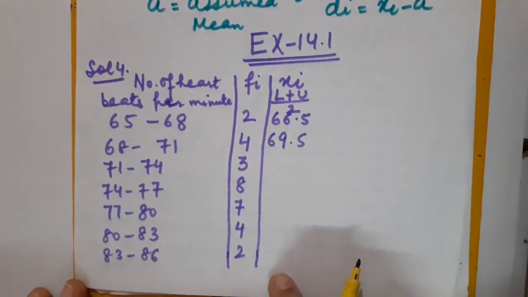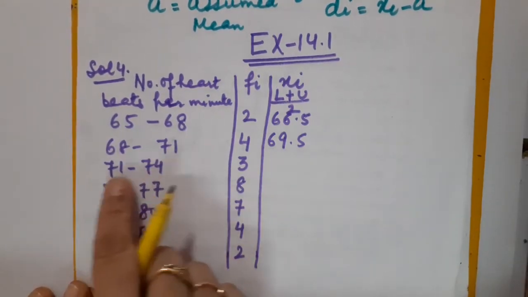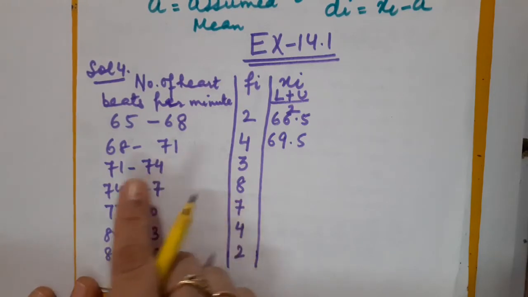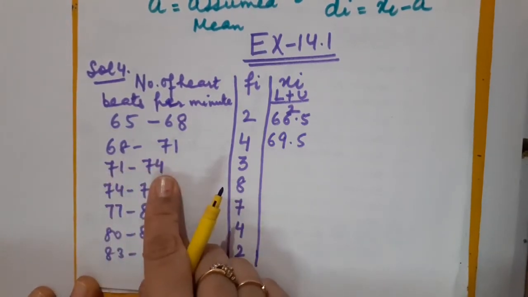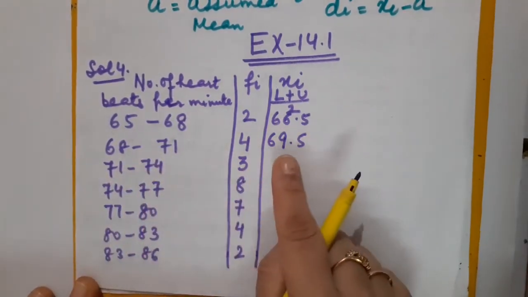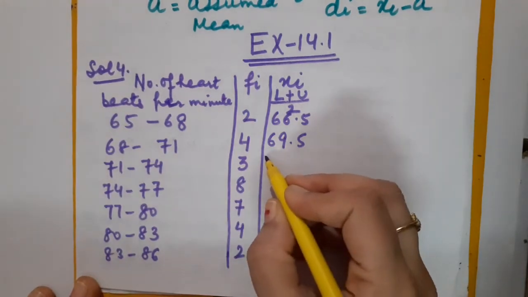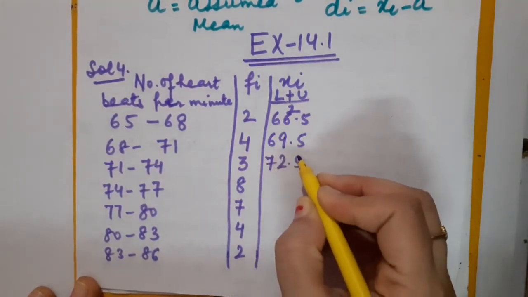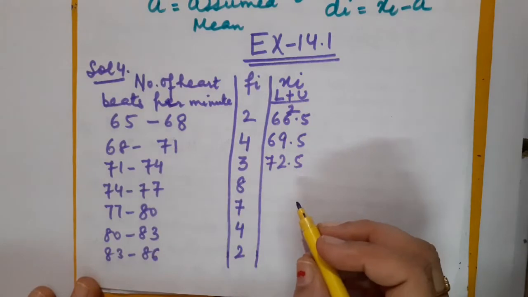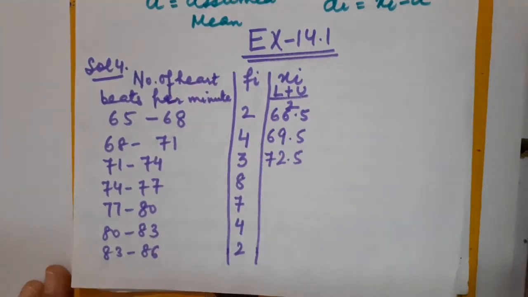Either you keep on adding 3 to find the rest of the class marks, or you can add the limits also. When I added them, I got 145, and divided by 2, I get 72.5. In the same manner, keep on adding 3.